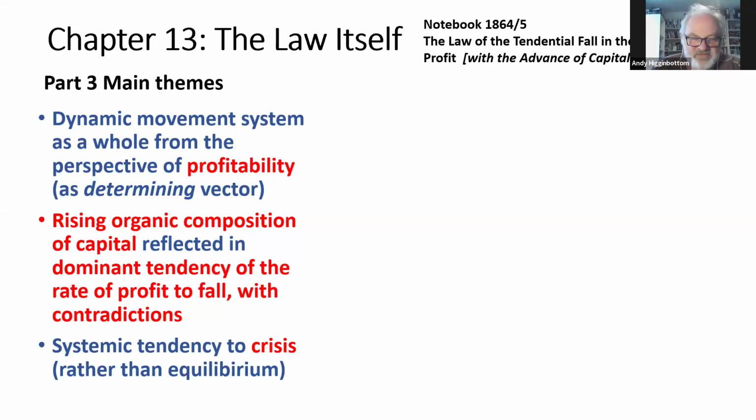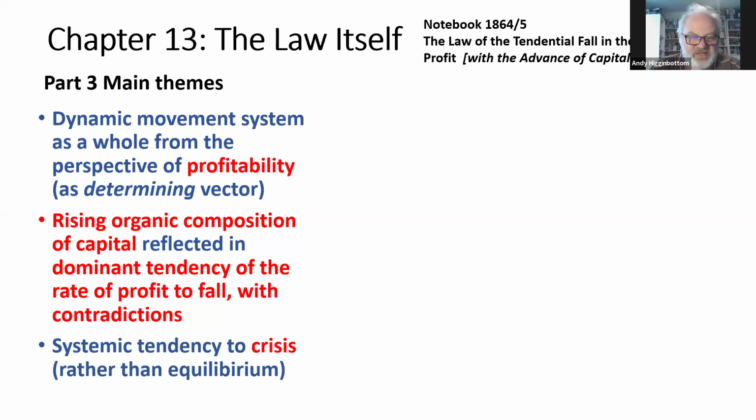There's relatively more capital invested in machinery, raw materials, and relatively less capital is set aside for purchasing labor power. And under those conditions, the rate of profit must fall because for any given amount of capital, less of it is setting in motion that element, the workforce, which produces the new value and the surplus value.